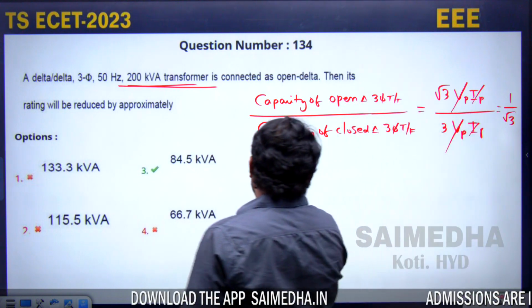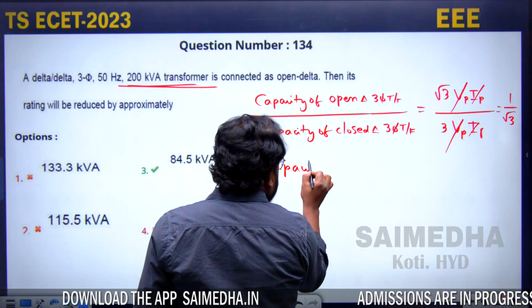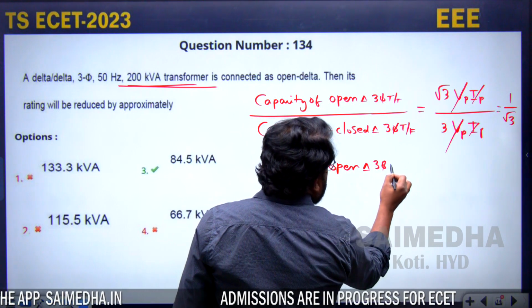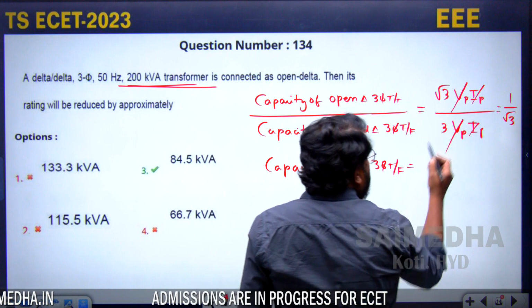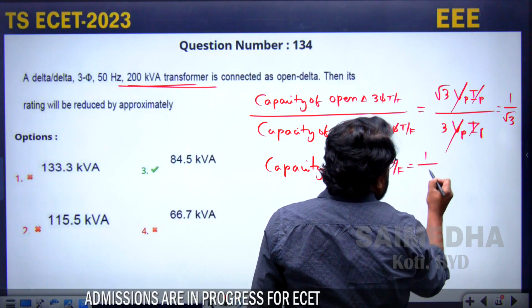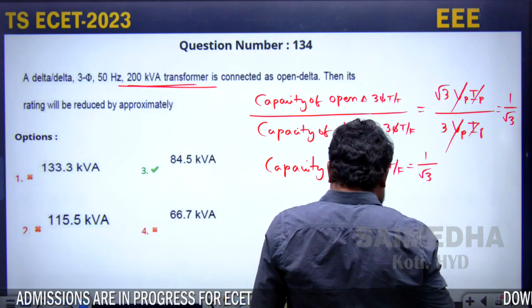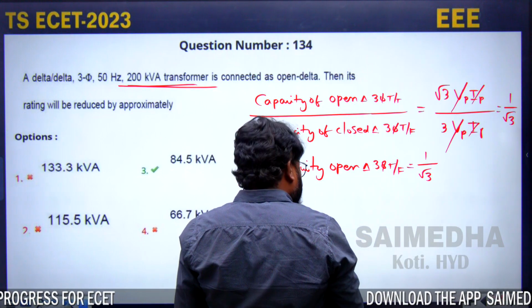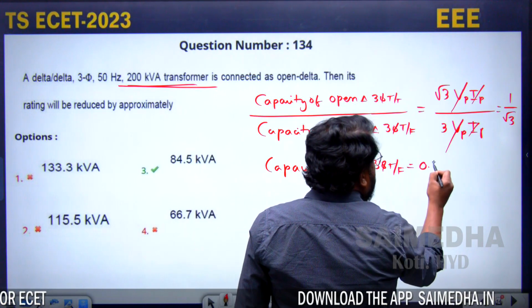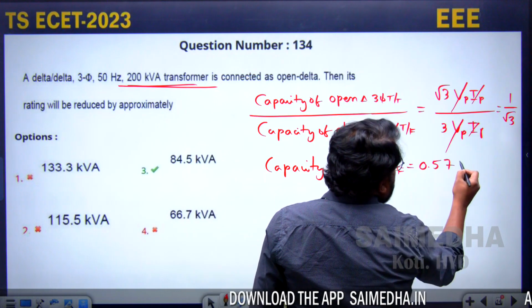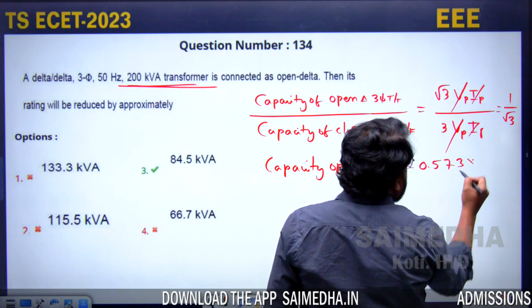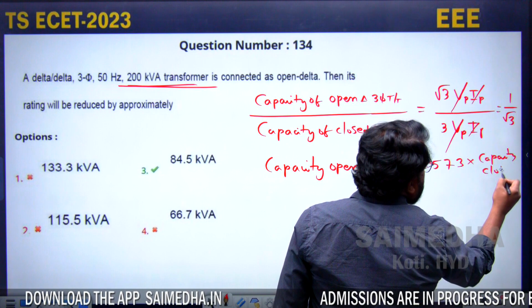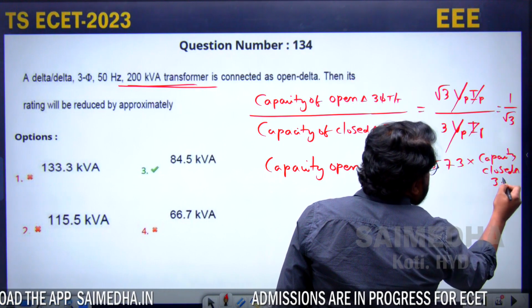Now the capacity of the open delta 3 phase transformer is equal to 1 by root 3 times the capacity of the closed delta 3 phase transformer connection. 1 by root 3 means 0.577, so it is 0.577 times the capacity of the closed delta connection.